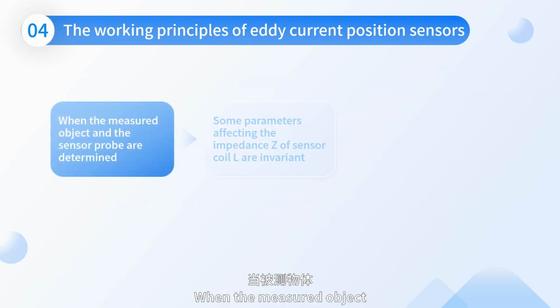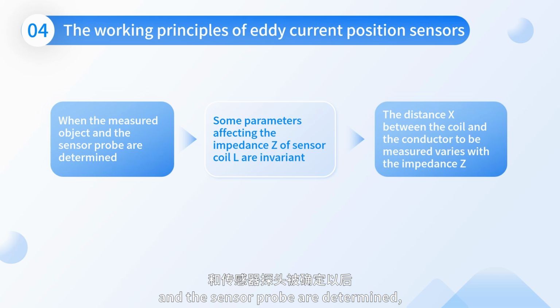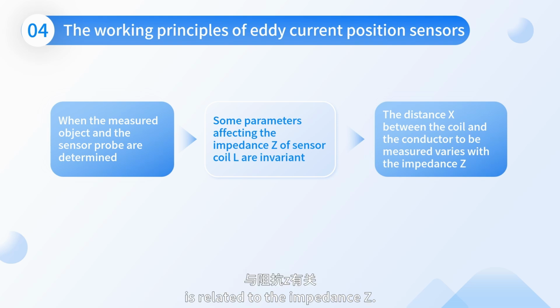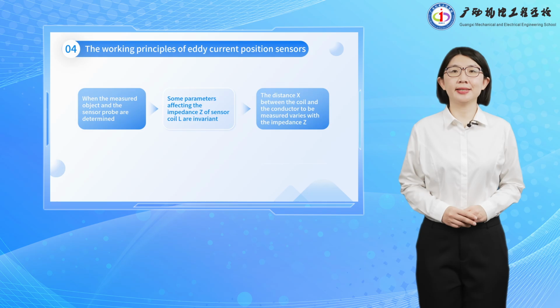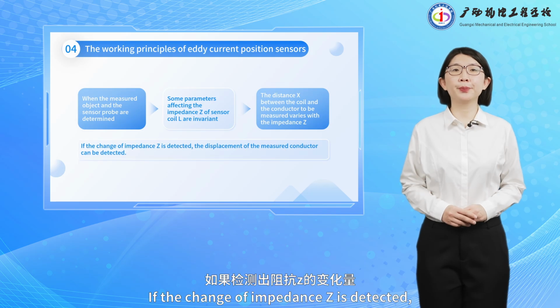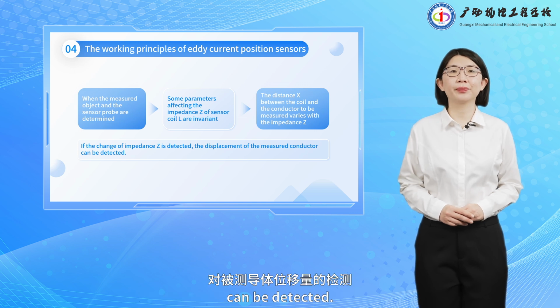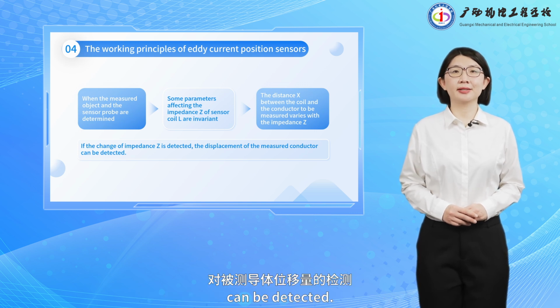When the measured object and the sensor probe are determined, the parameters affecting the impedance C of the sensor coil L are unchanged, and only the change of the distance X between the coil and the measured conductor is related to the impedance C. If the change of impedance C is detected, the displacement of the measured conductor can be detected.